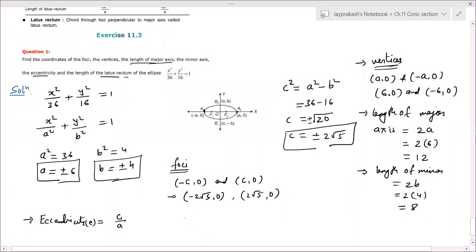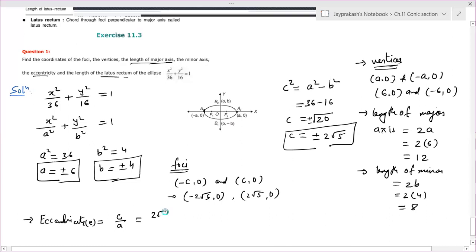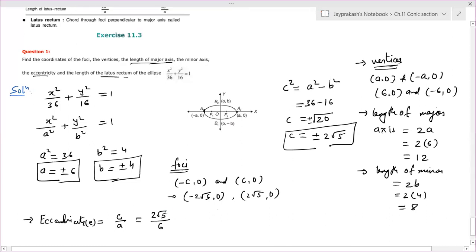We have already calculated c, that is plus minus 2 root 5. Now we are finding the length, so it will always be positive. So it is 2 root 5 upon 6.